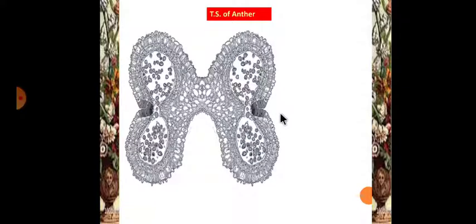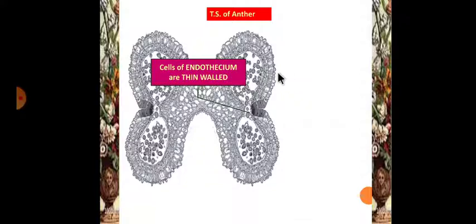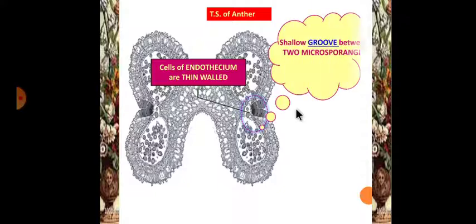Now this is the transverse section of the mature anther, where we can see cells of the endothecium which are thin walled. See here, this is a layer where the cells are thin walled. Now the groove which is present, as you can see here, a shallow groove between two microsporangia, thereby makes the anther tetralocular.